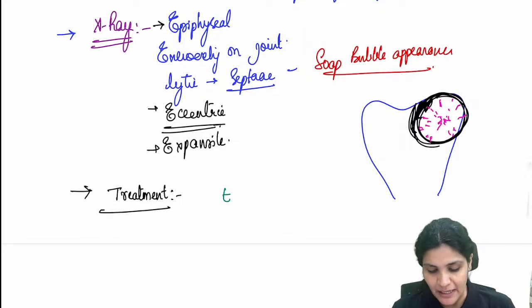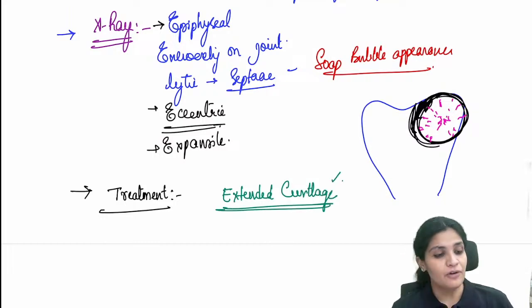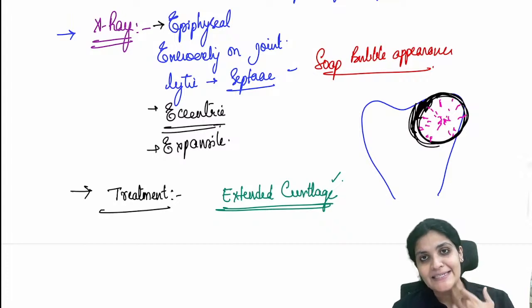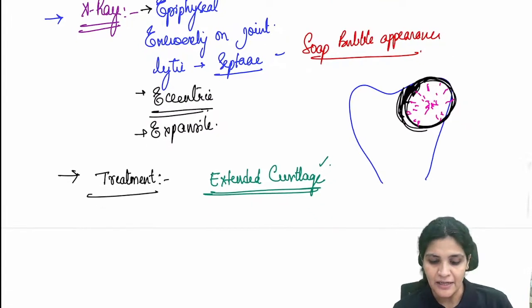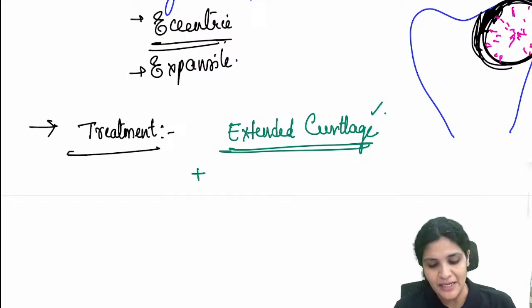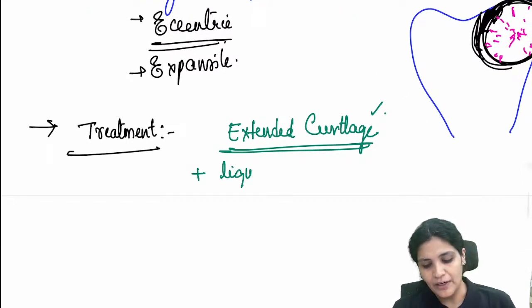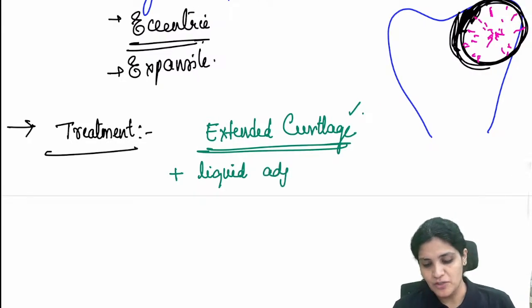So whenever it is a benign aggressive tumor, the treatment is extended curettage. Usually for benign things it is curettage, but here it is extended curettage in case of your giant cell tumor, right? So extended curettage means what you do? You do curettage plus you put some liquid into it, right? So liquid agents, we call them liquid adjuvants.